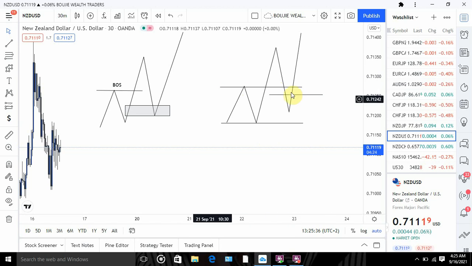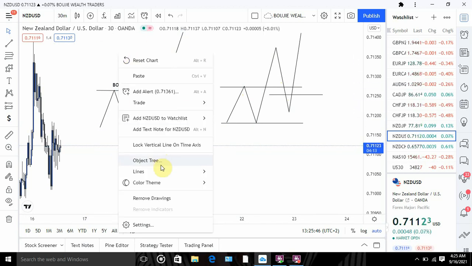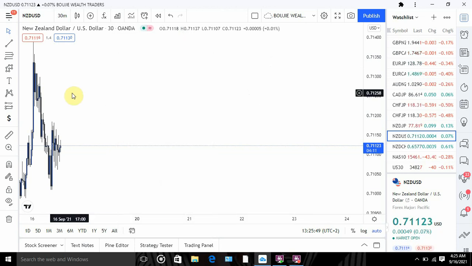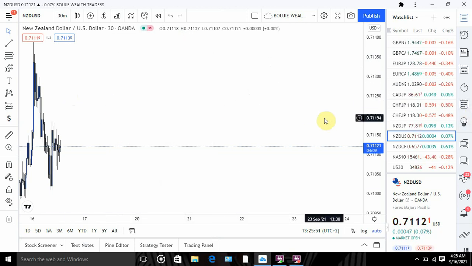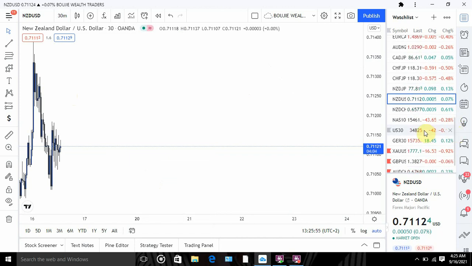So if you can notice, this is the manipulation of support and resistance, since the banks need liquidity for their orders to trigger. So let's check this in a real market structure to see if this schematic really applies on the market.